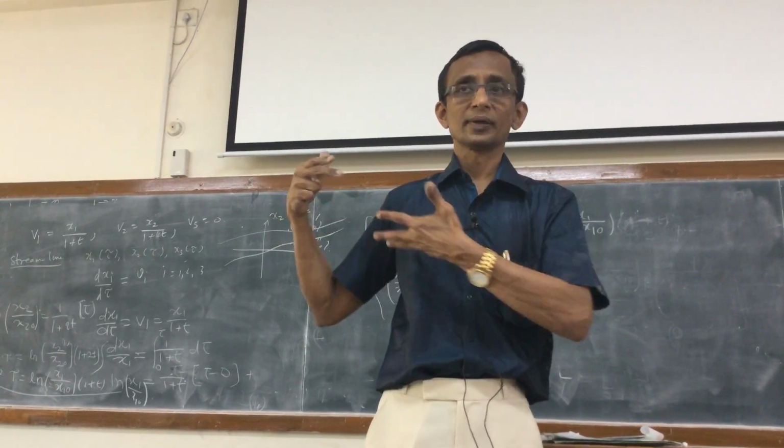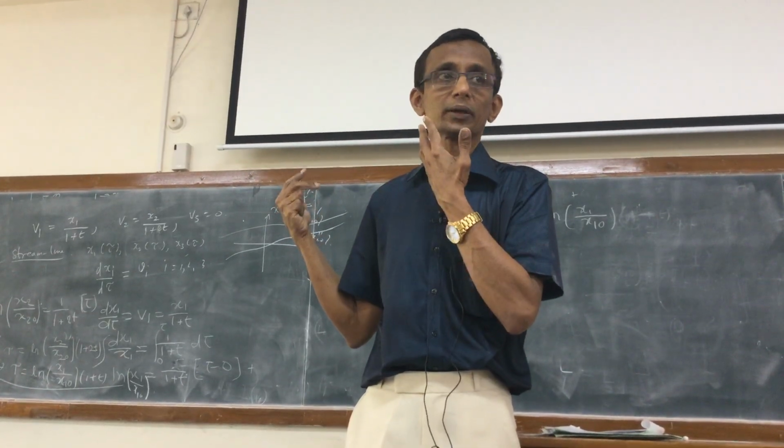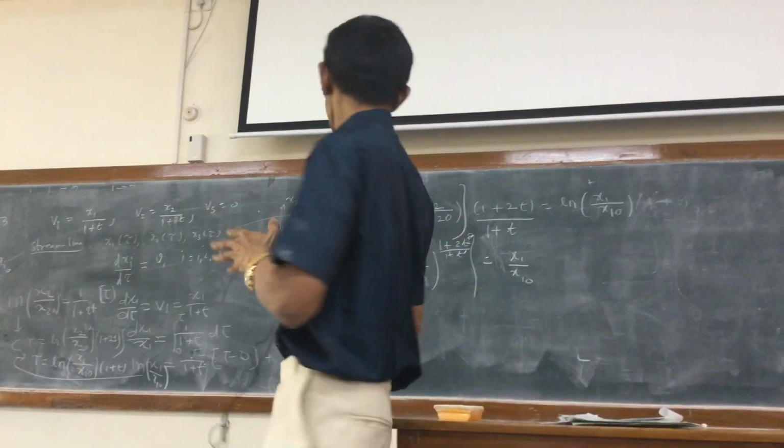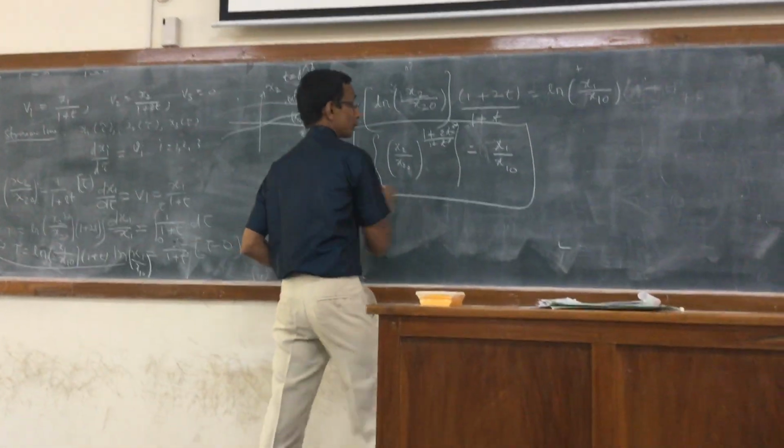So the best way is to take a very simple thing to plot and see how it is going to look. Anyway, this is the final expression for the particle streamline.